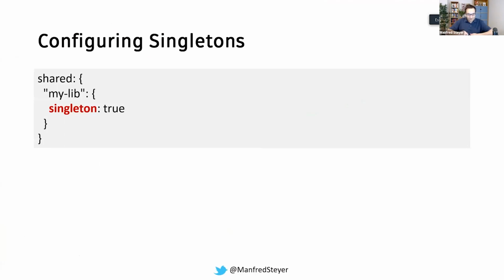Okay, so there is another configuration option. You can tell module federation that this library is a singleton. And in this case, only one version can be loaded. So assume this micro frontend has version 11, another one has version 10.1.